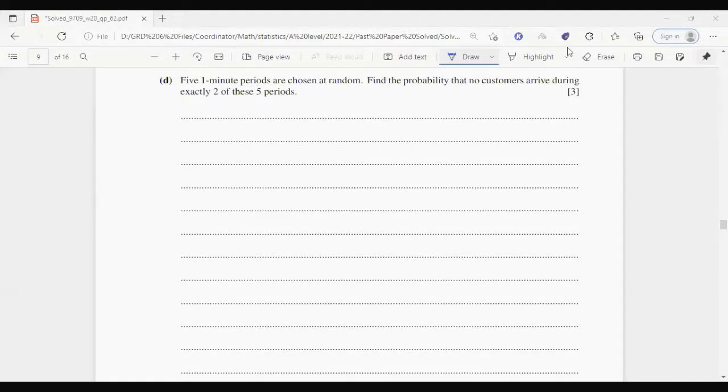Moving on to the next part. 5 1-minute periods are chosen at random. Find the probability that no customers arrive during exactly 2 of these 5 periods.